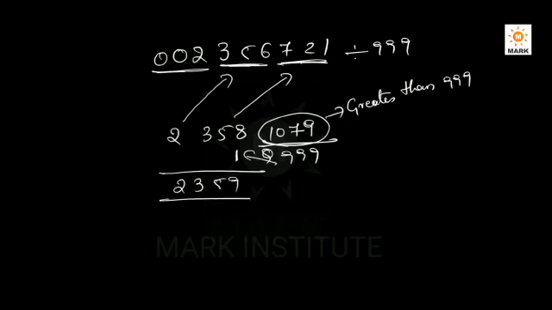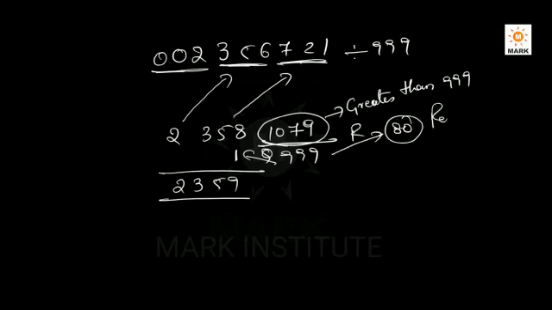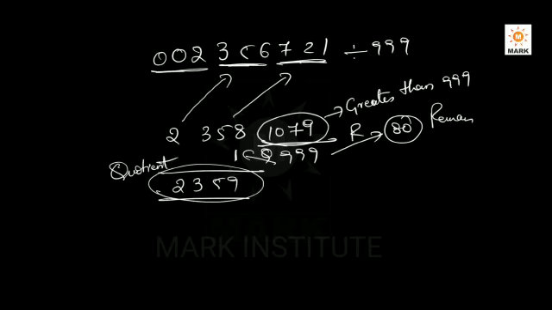And the remainder when we divide 1079 is 80. So 2359 is the quotient and 80 is the remainder.